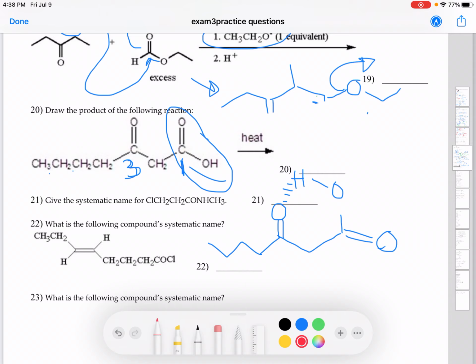So what's going to happen? This carbon oxygen pi bond is going to form a bond between oxygen and hydrogen. So this bond between the hydrogen and oxygen breaks and forms a pi bond. And then this is a single bond still, okay?